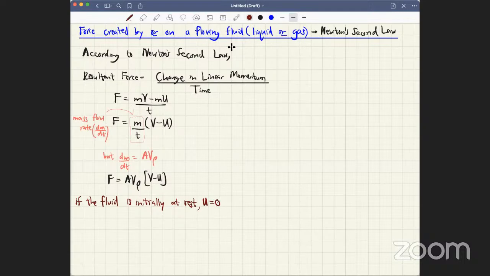Initial velocity is zero. So what is F? F is going to be A V rho, V minus zero. Then people finally arrive at an equation, F equals A V squared rho.